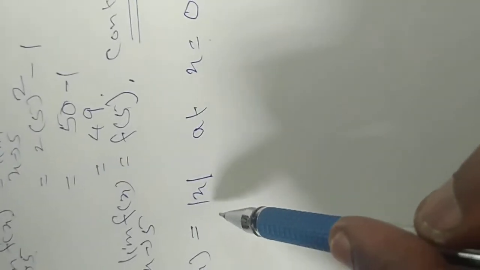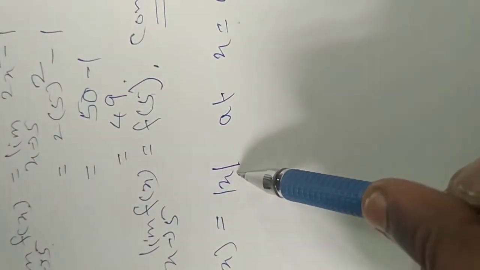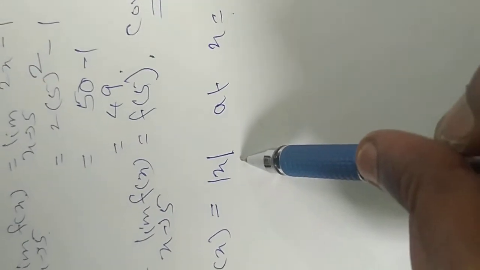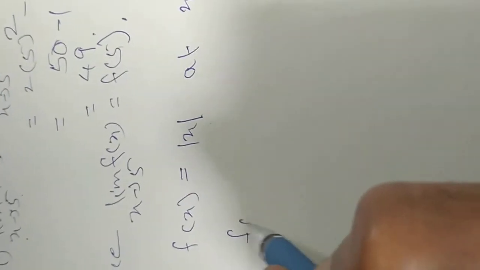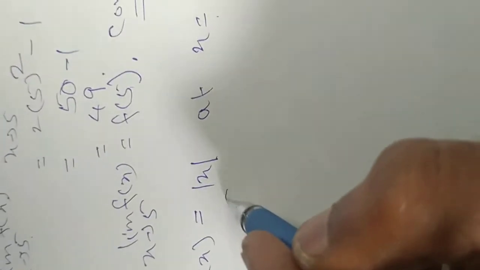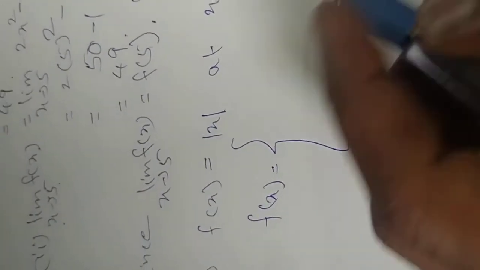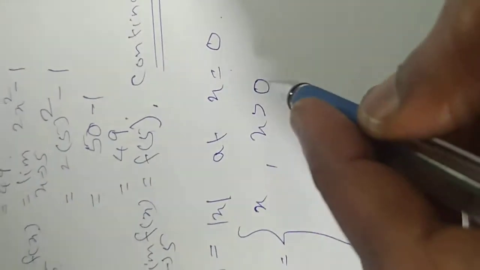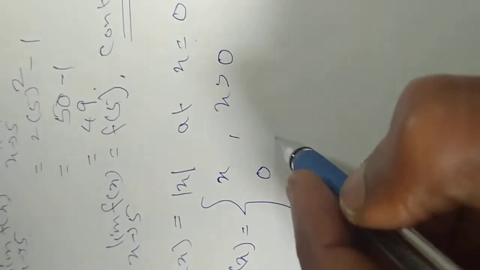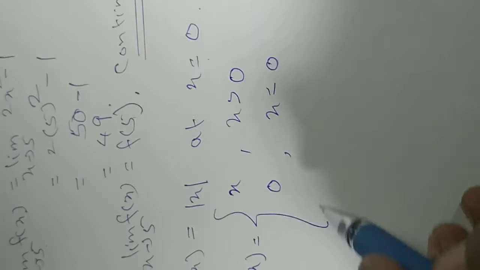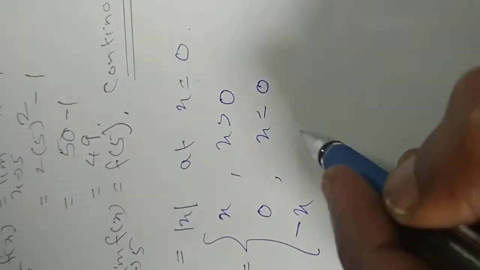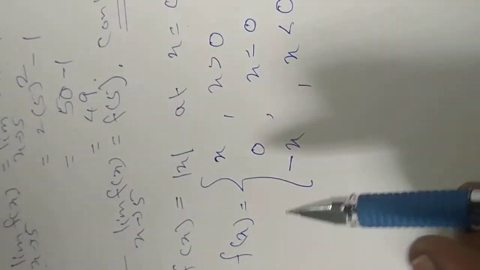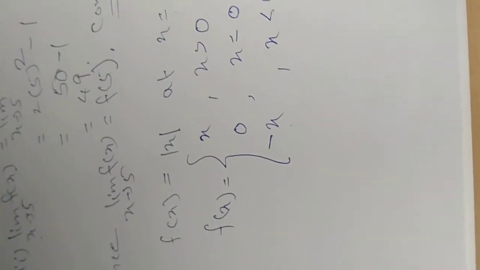First we need to understand how the function f(x) equals mod of x is defined. The definition of this function is: it is x if x is greater than 0, it is 0 if x equals 0, and it is minus x if x is less than 0. This is the definition of the modulus function.